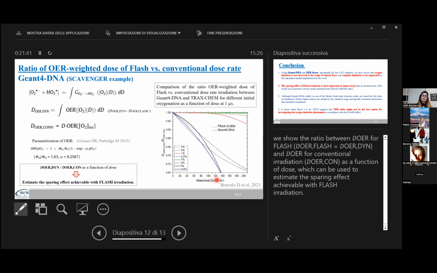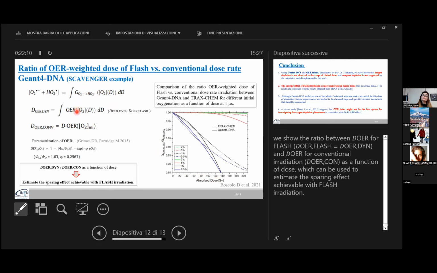Okay, in this slide, we try to calculate the oxygen consumption for different oxygen concentrations as a function of dose. It means a higher dose causes more production of chemical species, especially oxygen species.